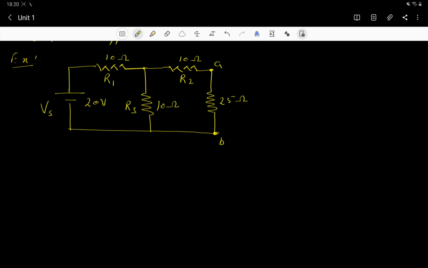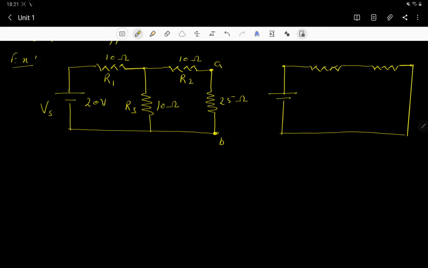So first of all, the first step was to short circuit the terminal AB. So this circuit will become like this: this will be terminal A, this will be B, just connect it.